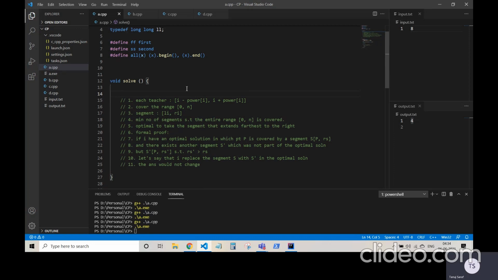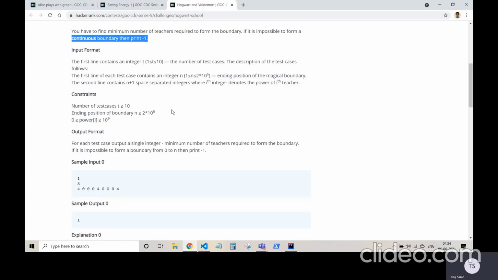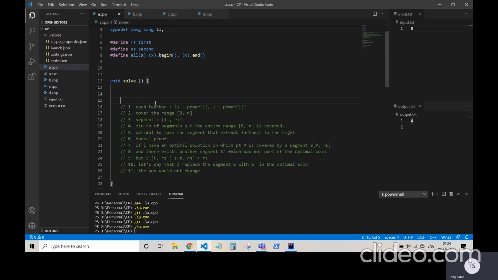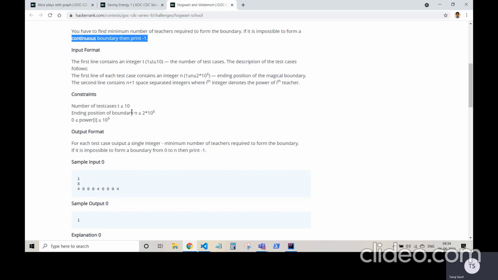We do not care when it started. We want to take the segment that goes as far to the right as possible. So that is the logic for this particular question, and then let's start writing the code for it.